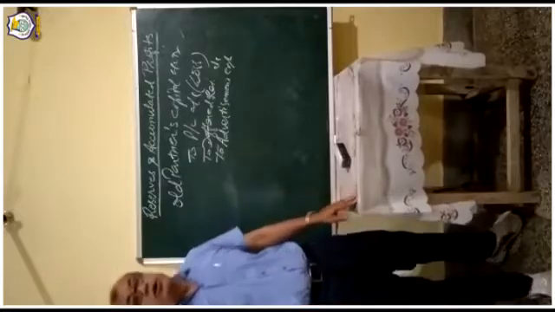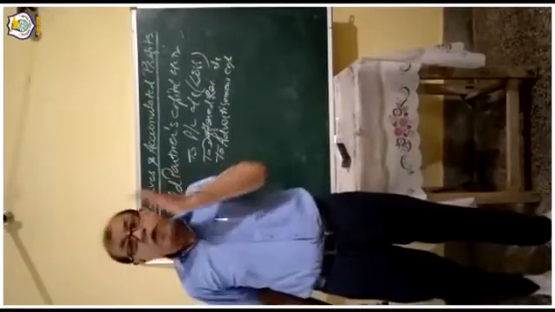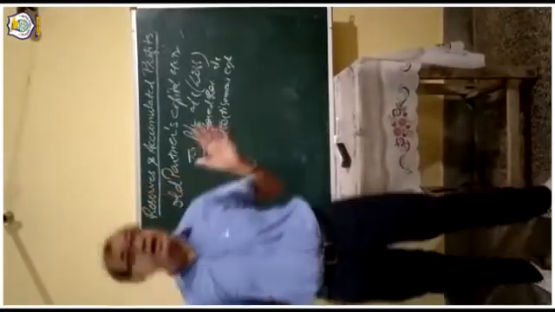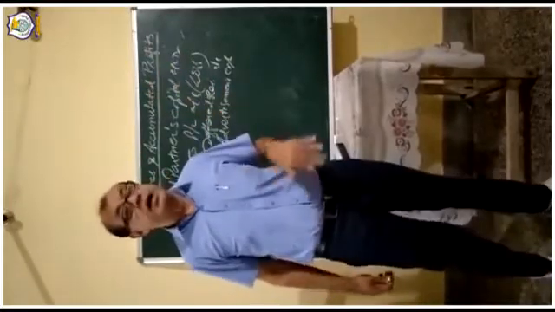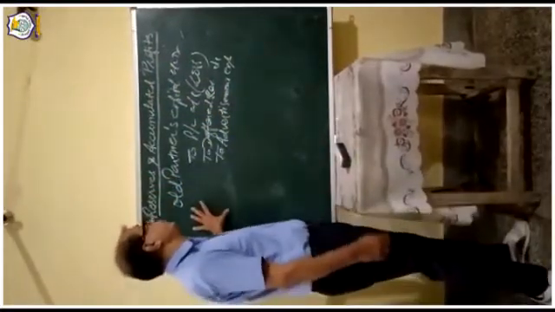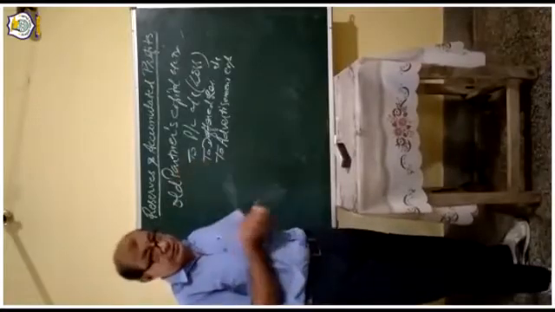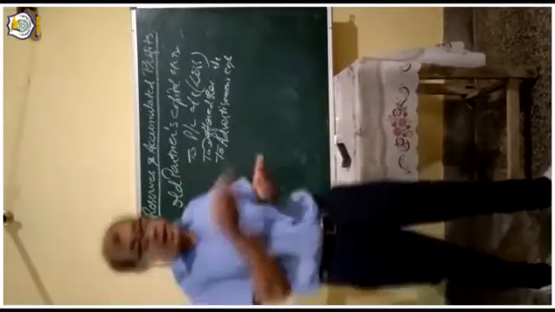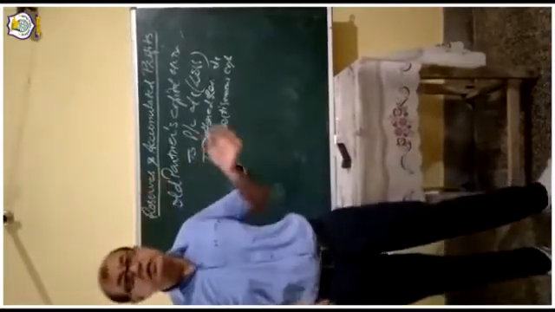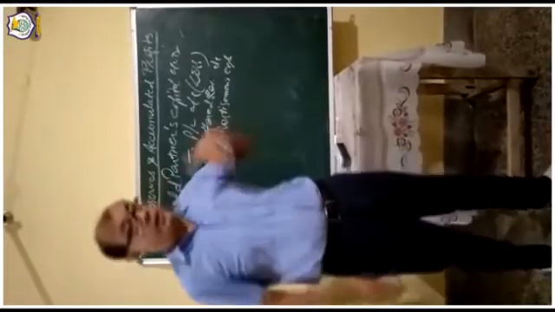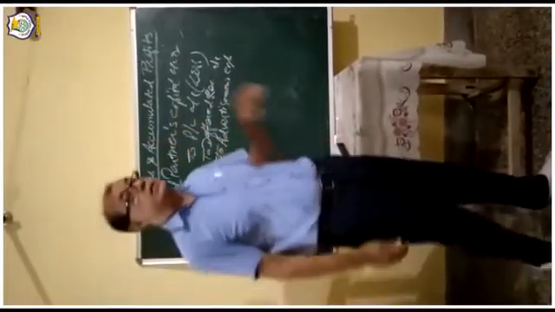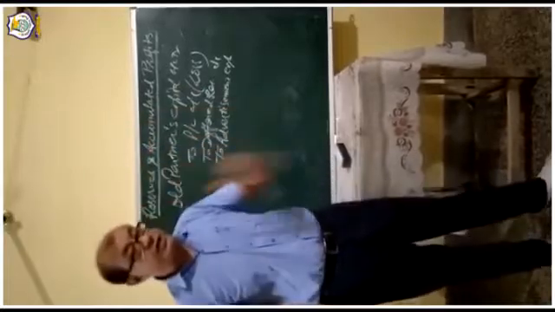Means we have to distribute. That is very, very compulsory. Before entering the new partner, we have to distribute all these reserves, all these expenditures, all these funds between old partners in the old profit sharing ratio.